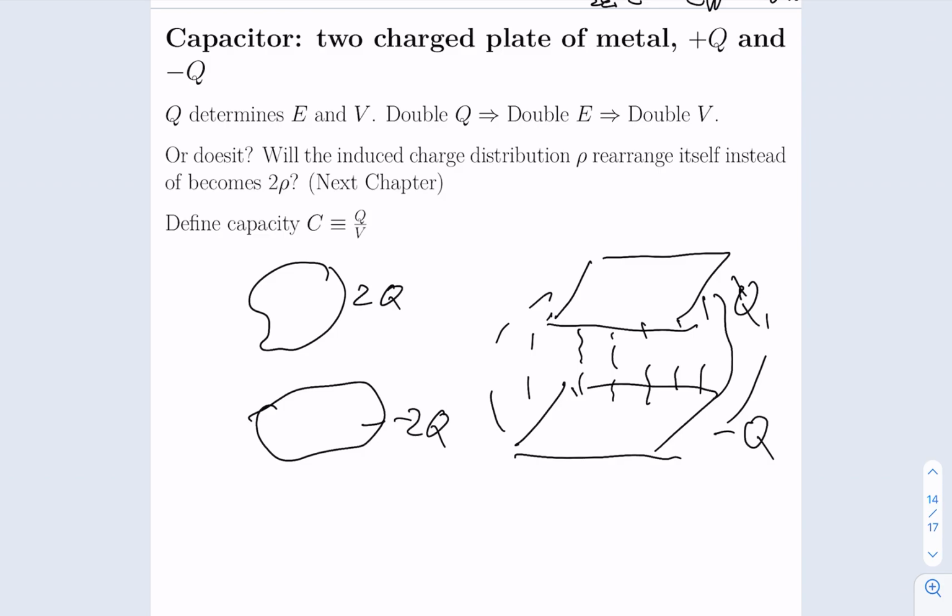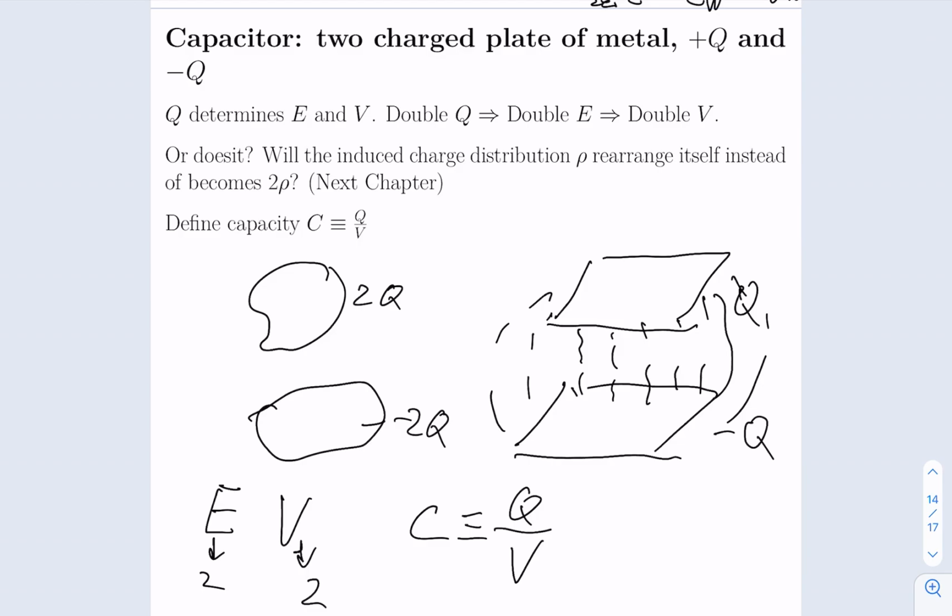My claim is that because of the superposition principle, the E field must also double, and the superposition principle also applies to the scalar potential V, and this makes the scalar potential double as well. Then we can define a quantity called capacity, that is Q over V, and that must remain unchanged.